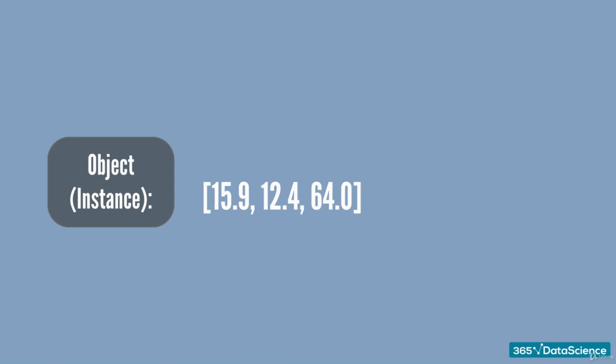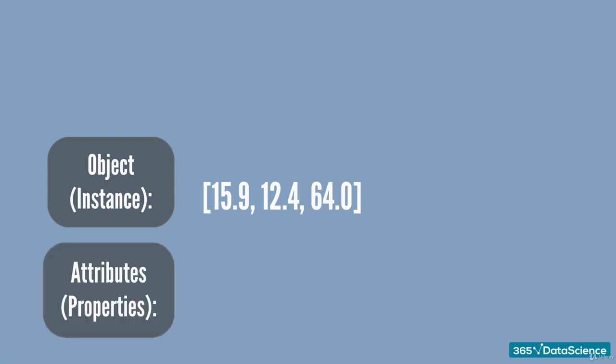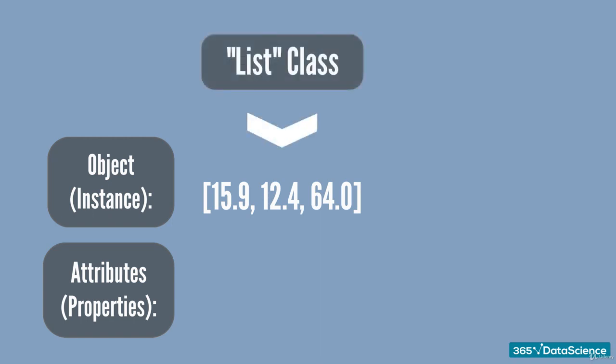This is it. Let's provide a practical example that will help you visualize these concepts even better. We can create a list with 3 floats, and it will be our object. Sometimes, people will refer to objects with the word instance, or they may say properties instead of attributes. This is fine, as these terms can be used interchangeably. The object we created belongs to the Python's list class. One attribute of this list is the type of data in it.